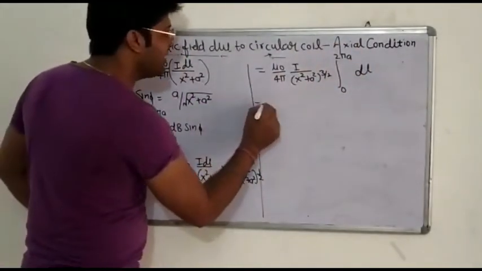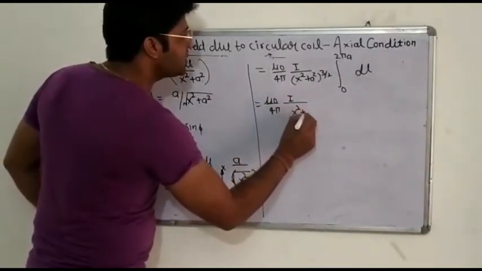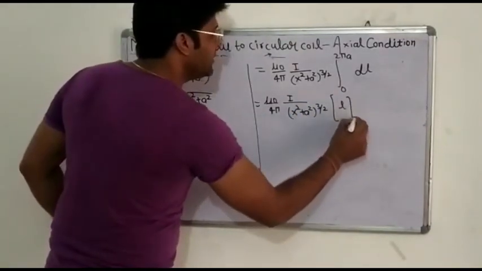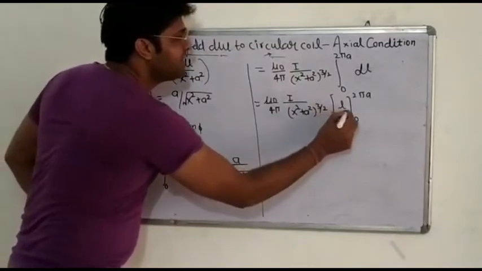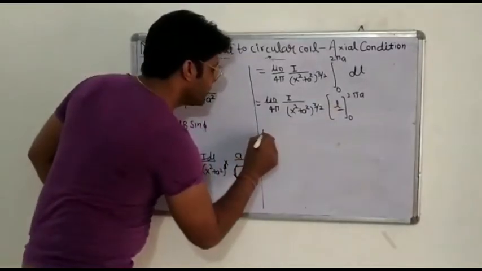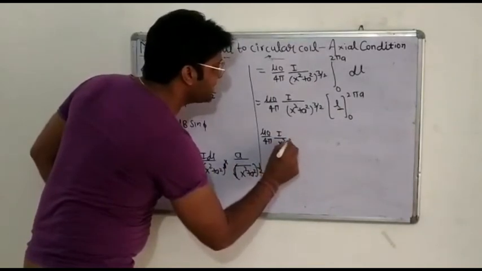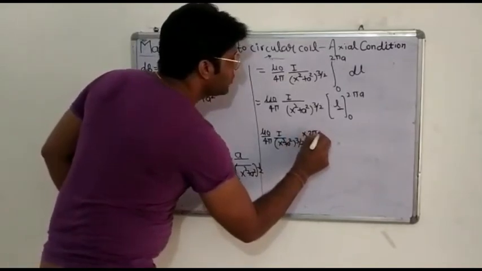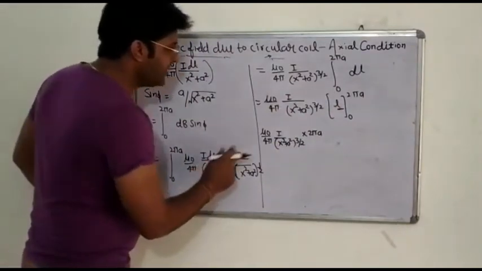So after integration we will find mu naught upon 4 pi I a upon x square plus a square to the power 3 by 2 and L limit from 0 to 2 pi a. Here we will put the limits of the integration, that is 2 pi a minus 0. So mu naught upon 4 pi I a upon x square plus a square to the power 3 by 2, and we will find here 2 pi a minus 0, so that is 2 pi a.